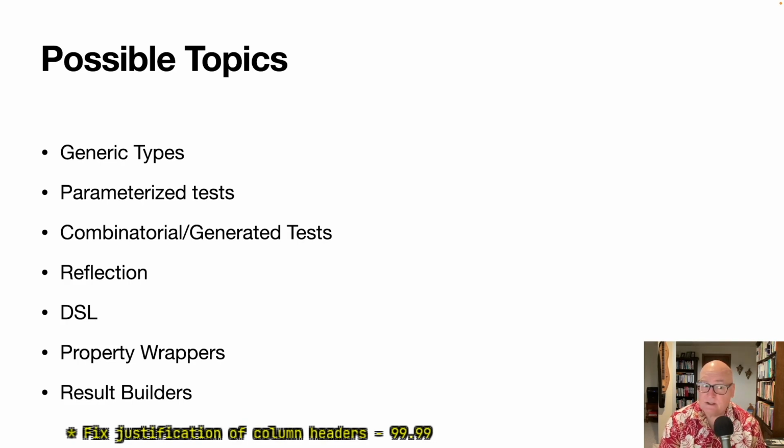We'll look at reflection. We'll look at the notion of domain-specific languages, and I think we'll probably end up using either one or both of property wrappers, which we've seen with Swift views, like ObservedObject and @State and things like that. And then result builders. And again, we've seen that in SwiftUI.